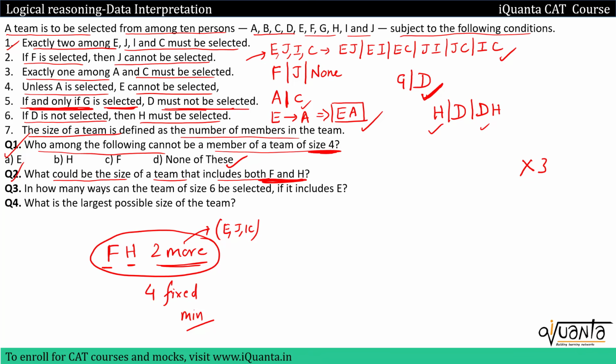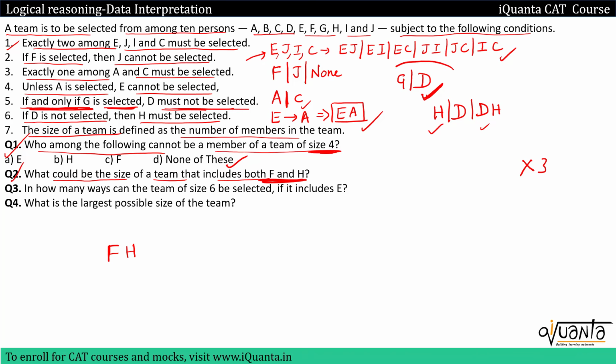Let us check if we can have a team of size 4, because it cannot be of size 3. Let me check for a team of size 4 in which both F and H are there. Now we know that 1 out of G and D must always be in the team. 2 from here must always be in the team.